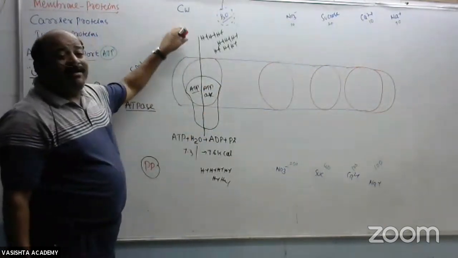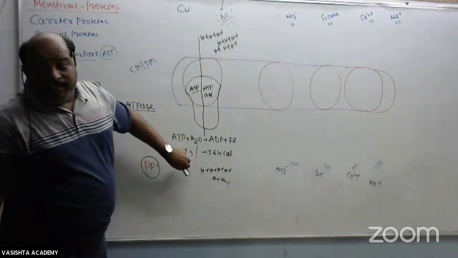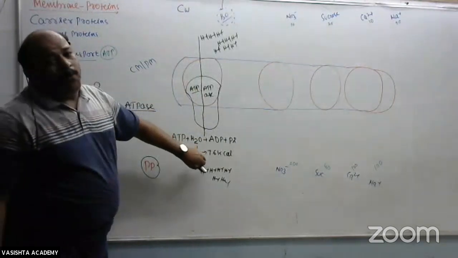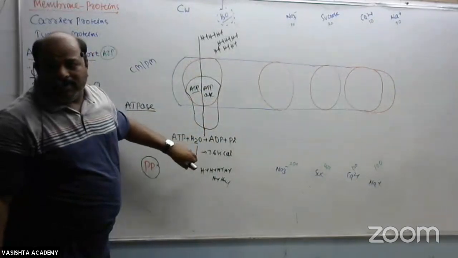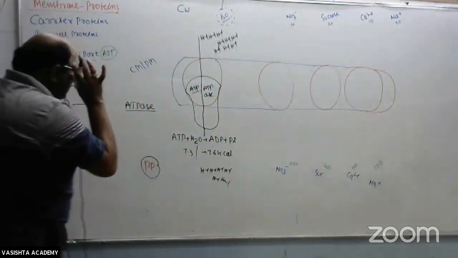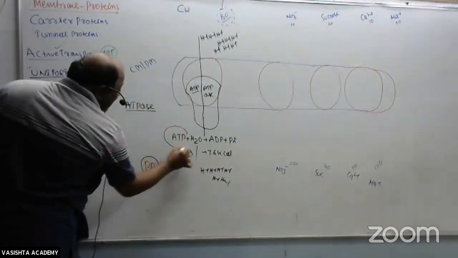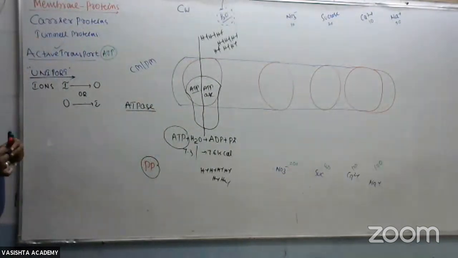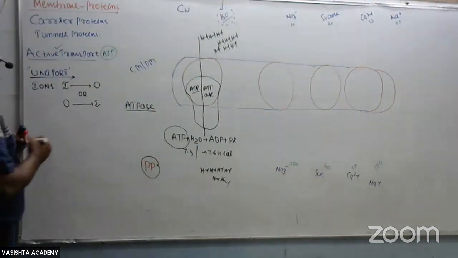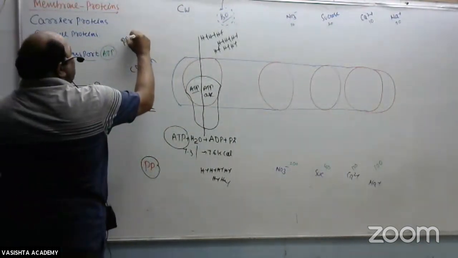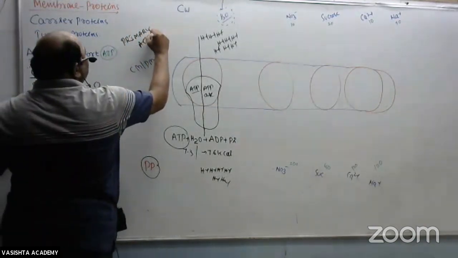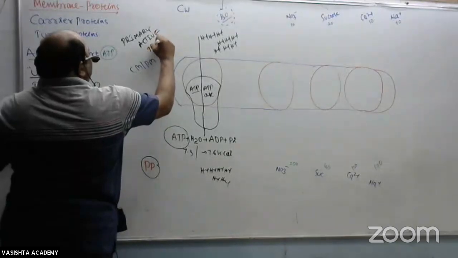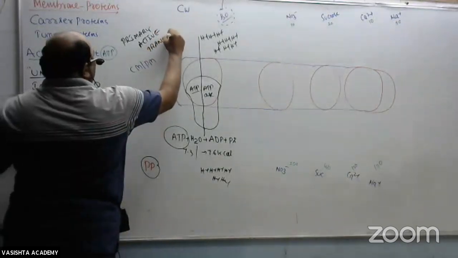This movement is called uniport, and the carrier protein is called a uniporter. Here the ATP molecule is utilized. Hence, this is called primary active transport.